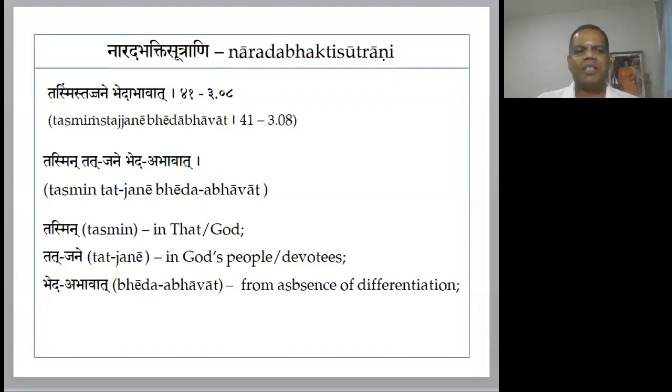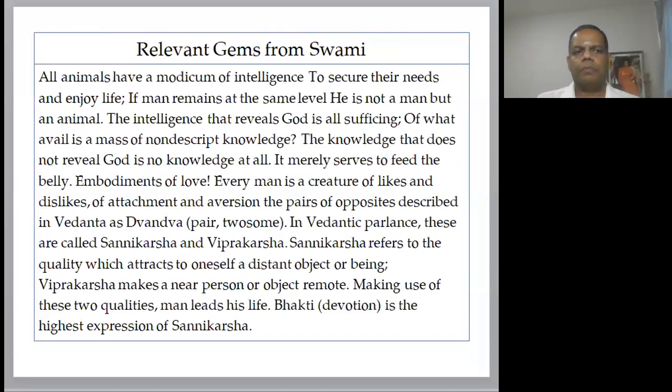We look at some excerpts of Swami's discourse. All animals have a modicum of intelligence. So, to secure their needs and enjoy life, if man remains at the same level, he is not a man but an animal.